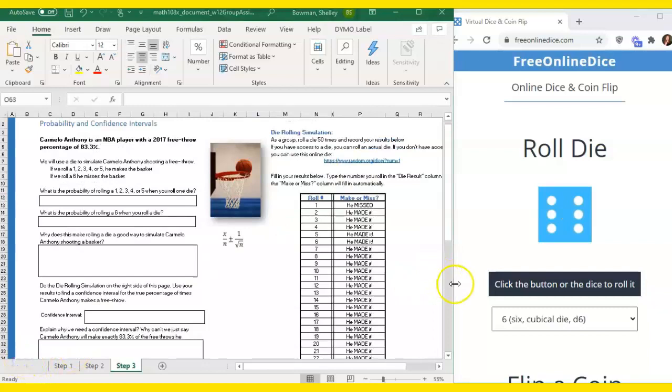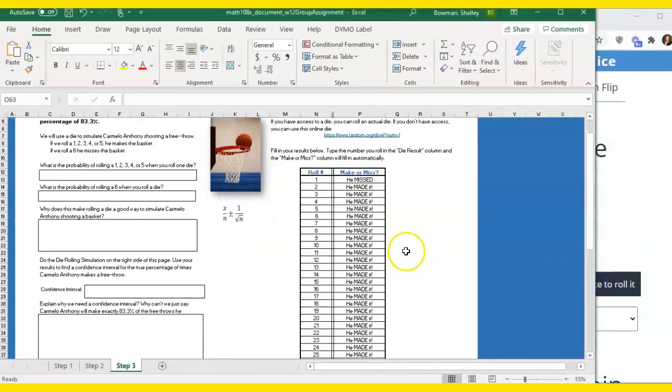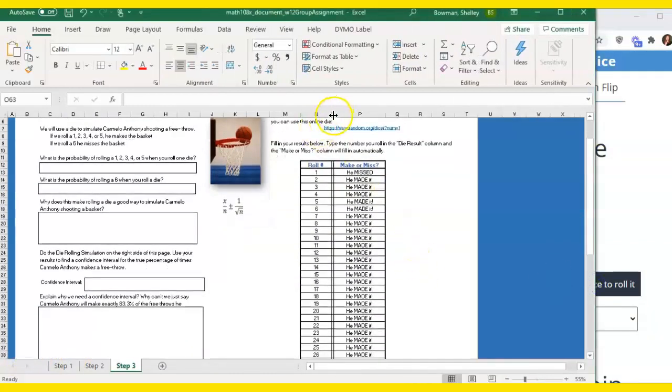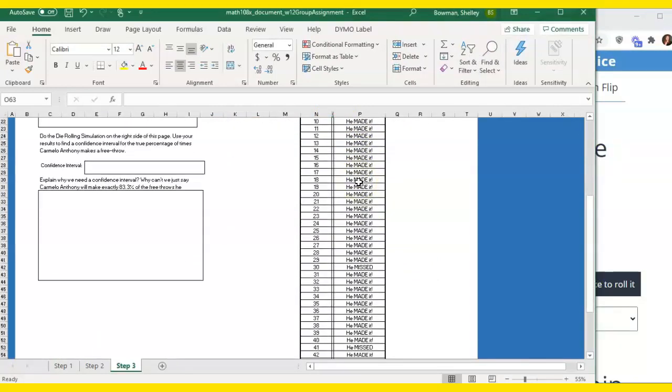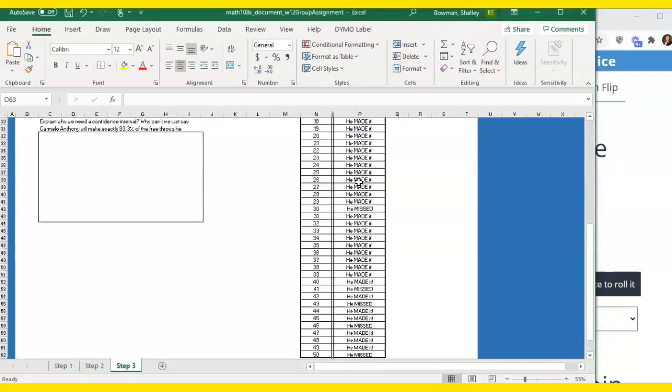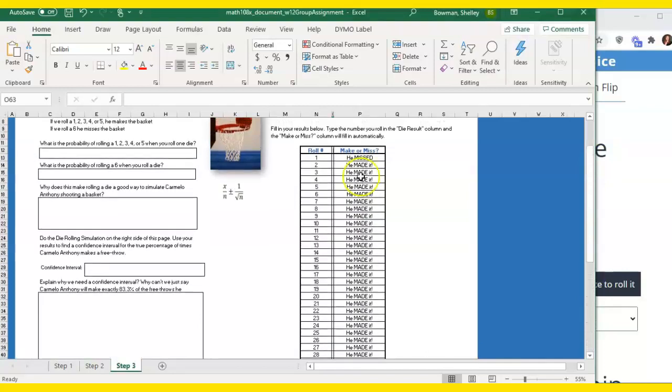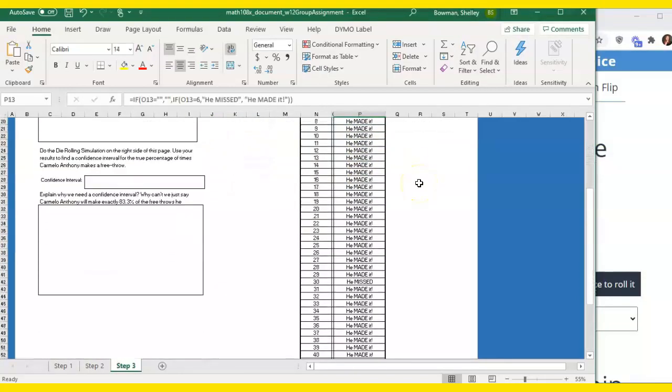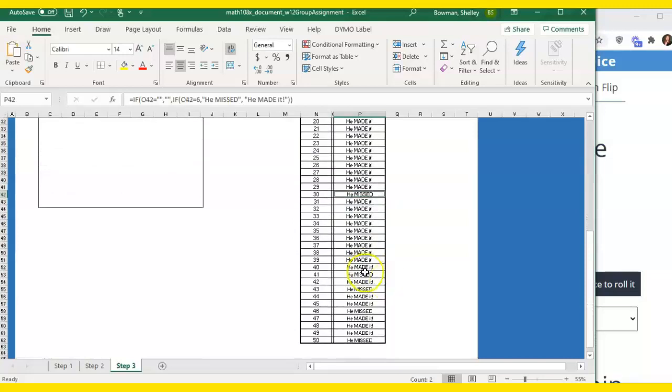Okay, so I have finished my chart here. I have hidden my column because I don't want you guys just to use the same numbers I did. And just to speed things up, what I would recommend is highlighting all of the ones that he missed. So I'm going to press Control and just run through here and find all of the ones that missed, just to make it really easy to count.